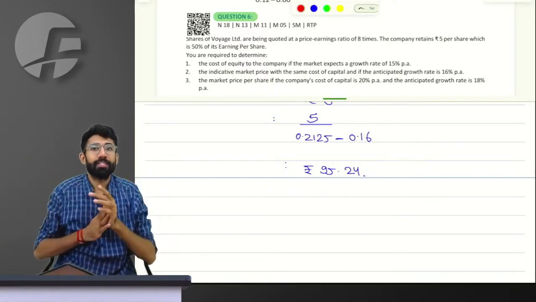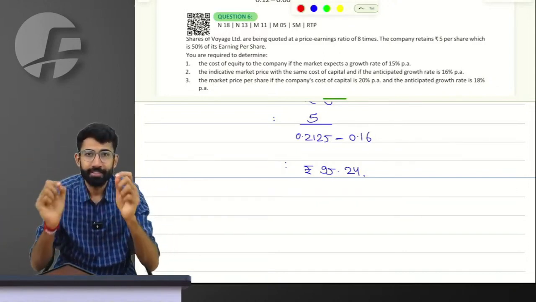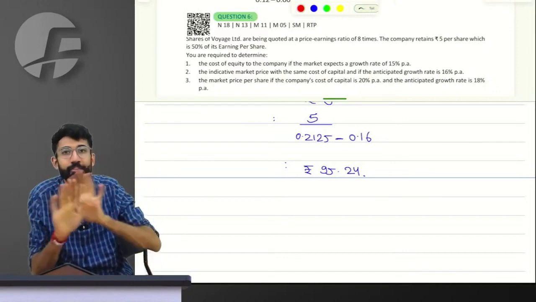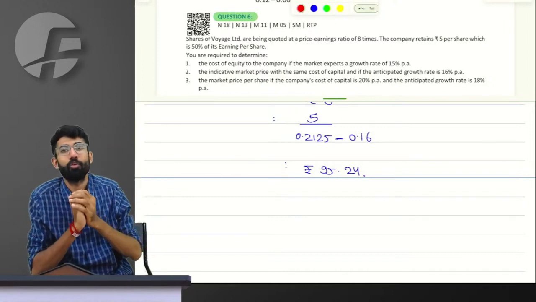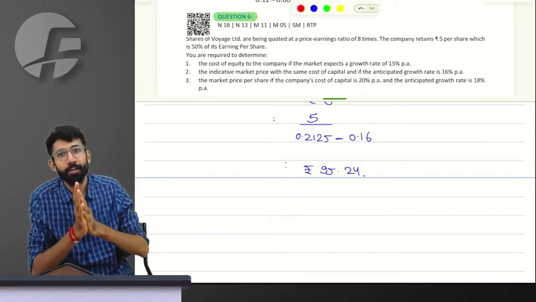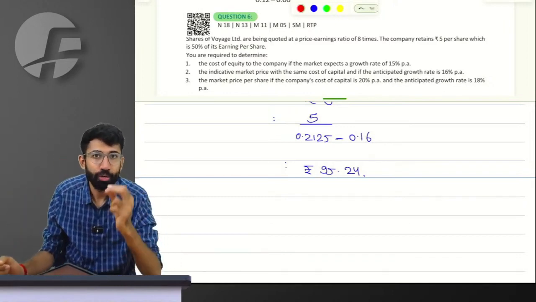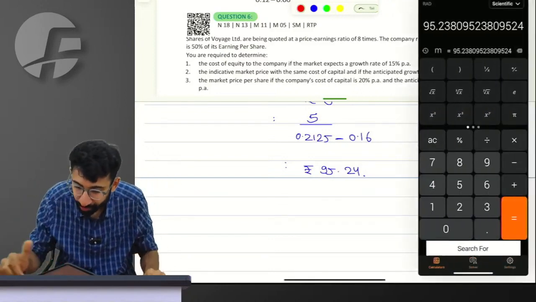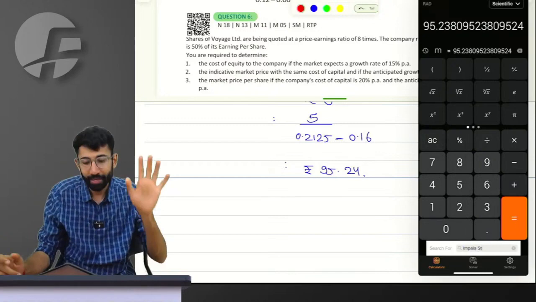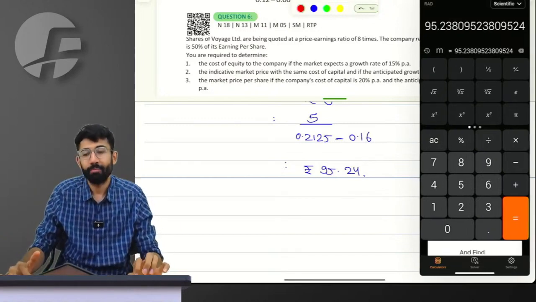If we write 95.23 as an answer in the exam, and the examiner deducts the mark, the examiner is not wrong, he's correct. All of us know the basic rounding rules we should follow. If the answer is 95.238, it should be 95.24, is what I'm trying to tell you.